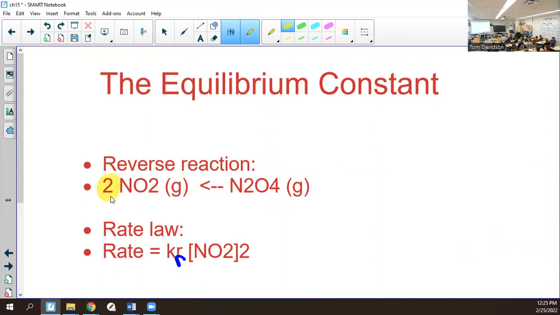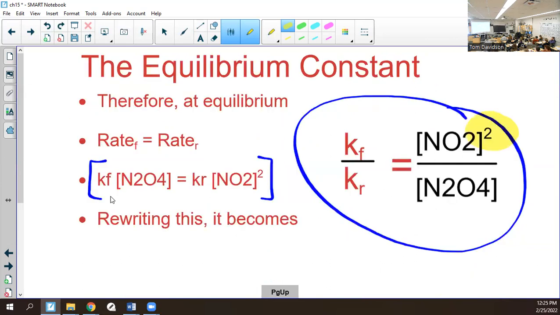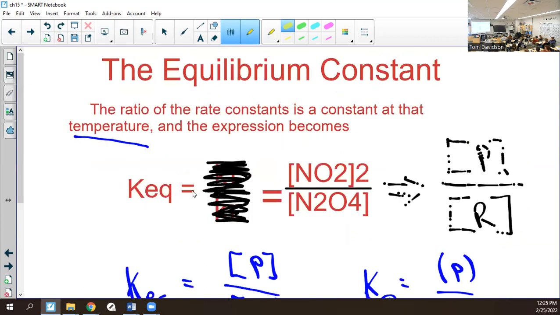This isn't something we found in a table or put in a calculator. It's the coefficient. Now rewriting it, it becomes this, and there we go.